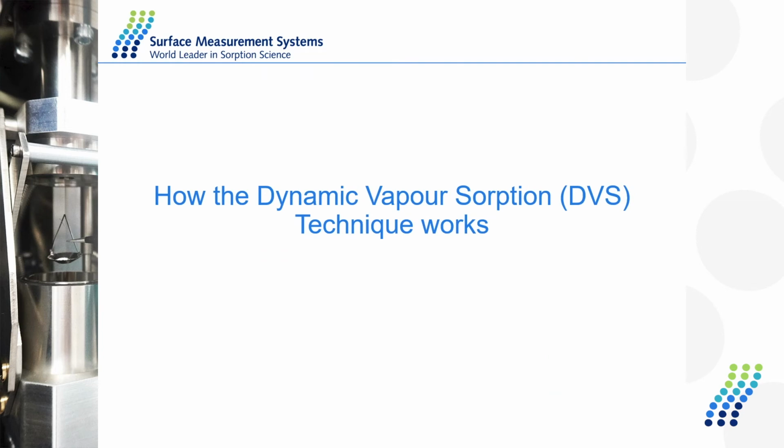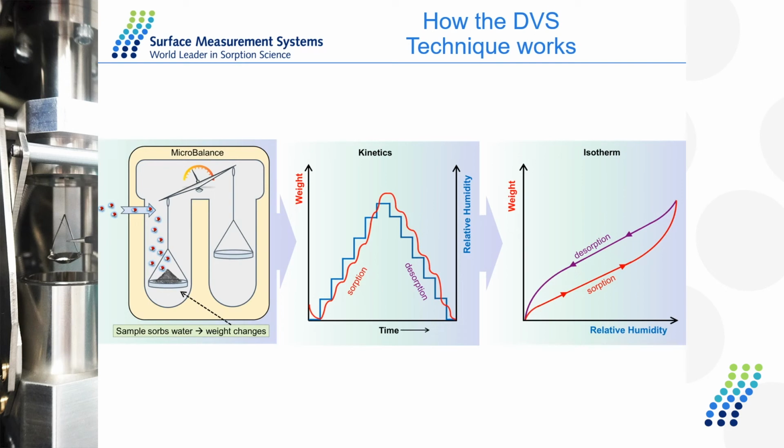Now, how does the standard experiment work? It's very straightforward. We start from loading the sample into the chamber. We record an initial mass, a dry mass of the sample, which is usually used for reference for the calculation of the percentage mass change. And then we do a kinetic experiment in which we introduce a constant level of relative humidity, let's say 10%.